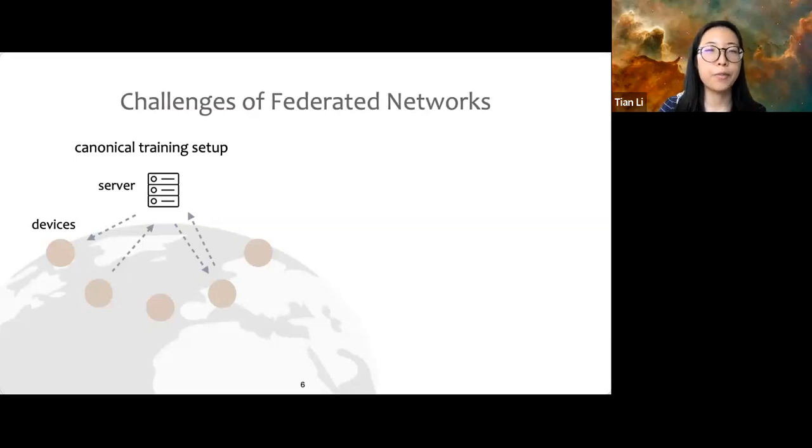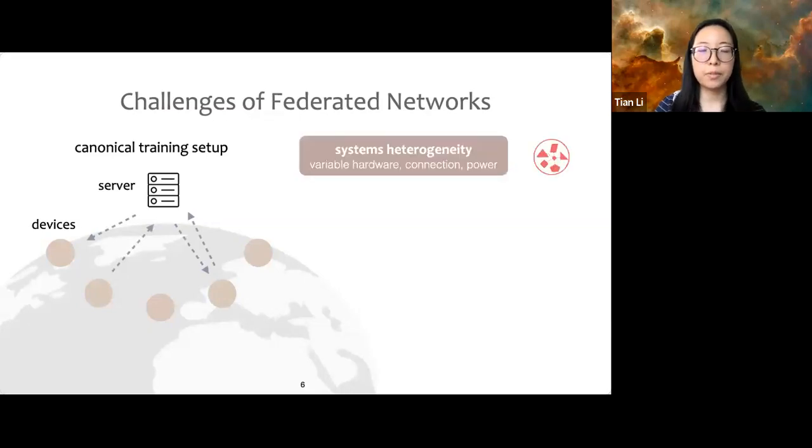At first, it may sound very similar to the distributed learning setting, where we fit a model across distributed data sources. But there are some unique challenges and properties of federated networks. First, the entire system can be very heterogeneous due to the variable hardware of the devices, the network connections, different battery power, and so on.